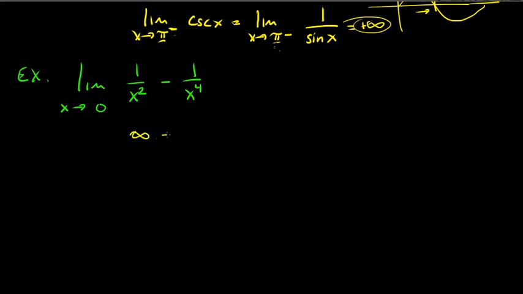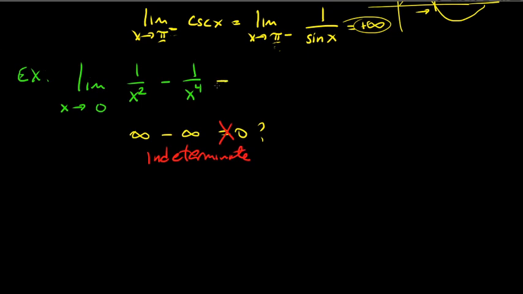But so does this. This blows up too, so this goes to infinity. And then you might think, well, infinity minus infinity has to be 0. Well, not necessarily. Infinity minus infinity is indeterminate. It could be anything.